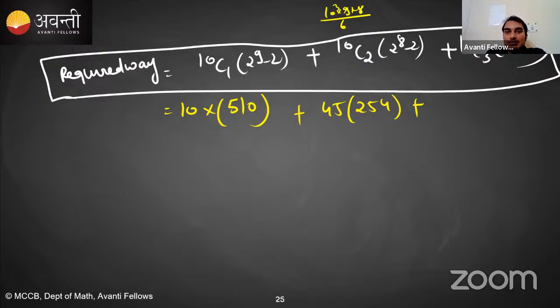So 3, 2, 4, so 120 came. 10C3 is 120, into 2 raised to the power 7, which is 128, minus 2 is 126. So just multiply and add. Okay, I don't know the answer, whatever answer comes, that is the answer.